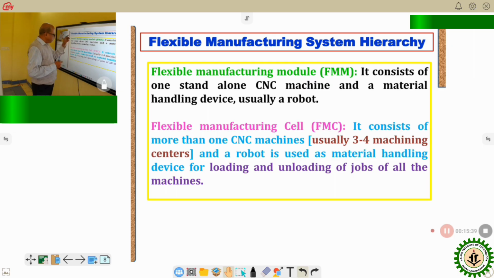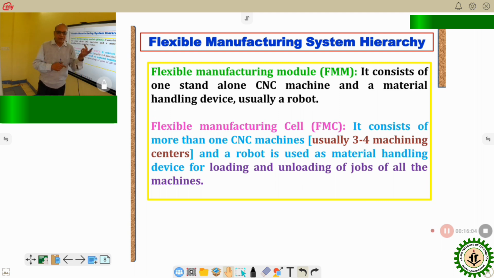So that is the fundamental of the most atomic level concept of integration of one machine with one robot. That gives rise to the concept of flexible manufacturing module. Then flexible manufacturing cell, because one machine and one robot may not be economically viable. When the machine is in progress, the robot remains idle.